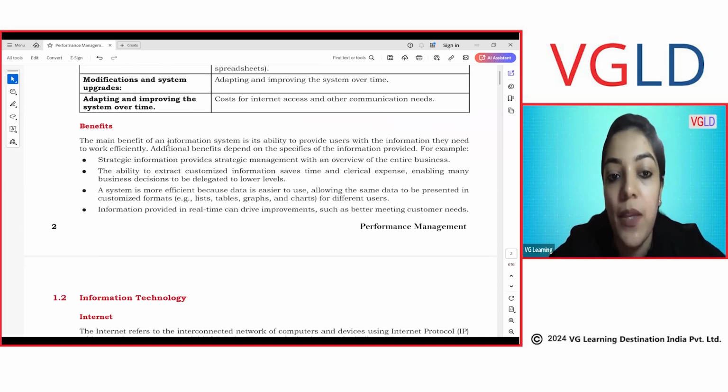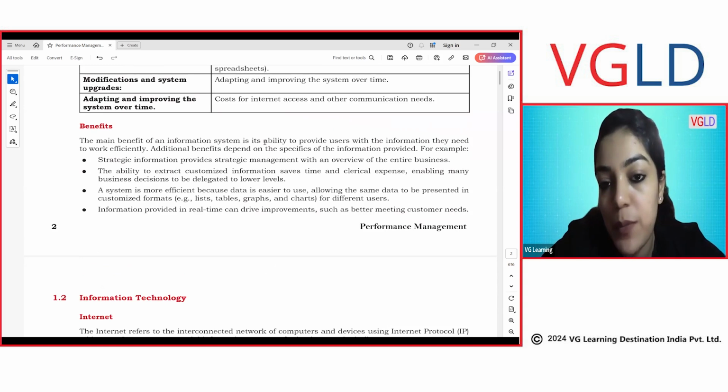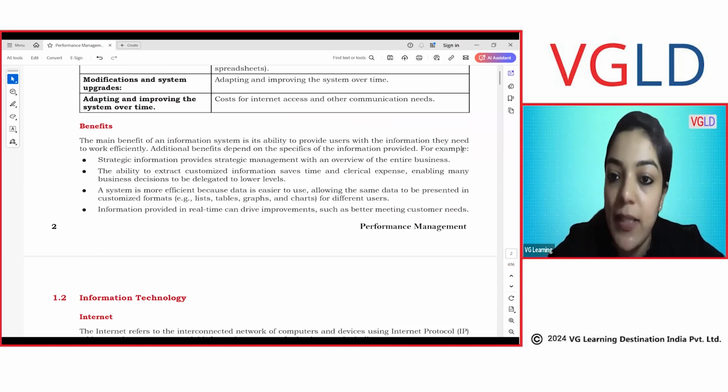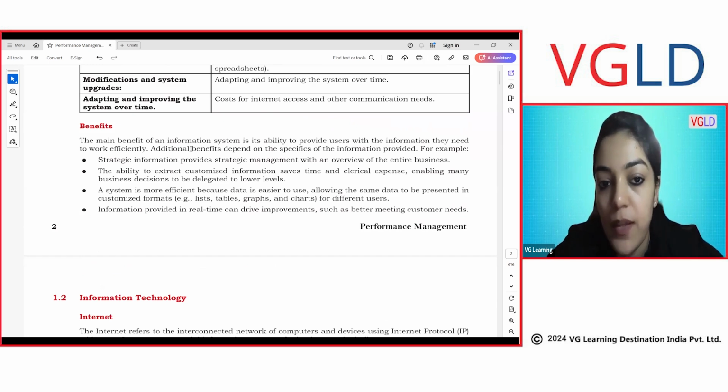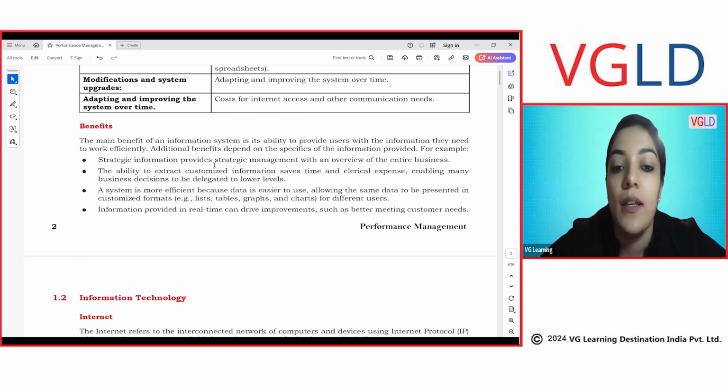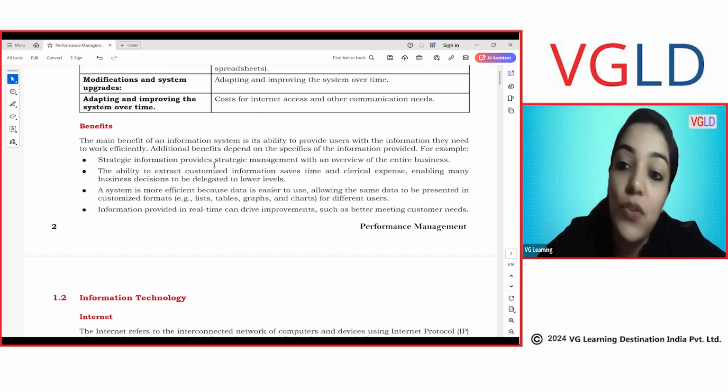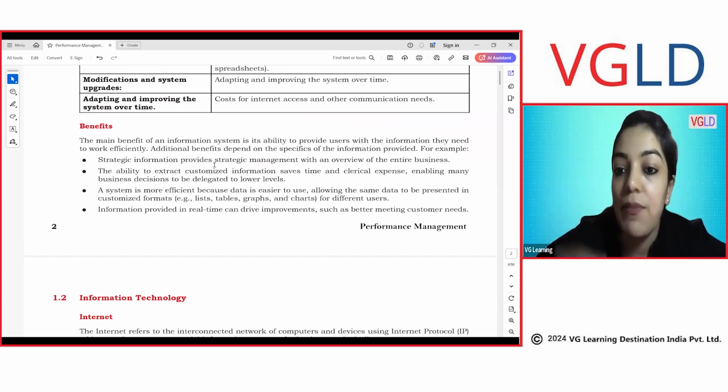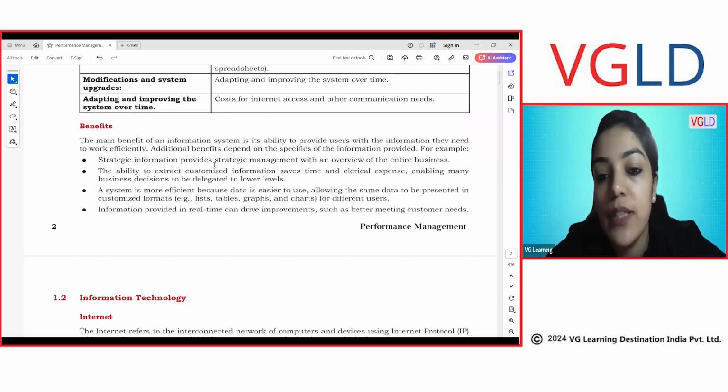And what are the benefits? The main benefit of an information system is its ability to provide users with the information they need to work efficiently. Additional benefits depend on the specifics of the information provided. For example, strategic information provides strategic management, that is the senior level management, with an overview of the entire business.